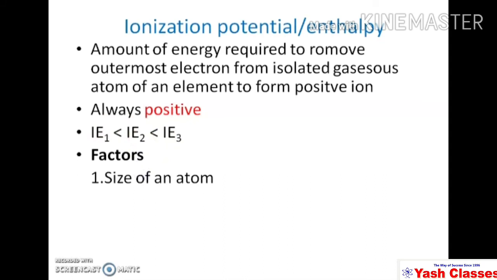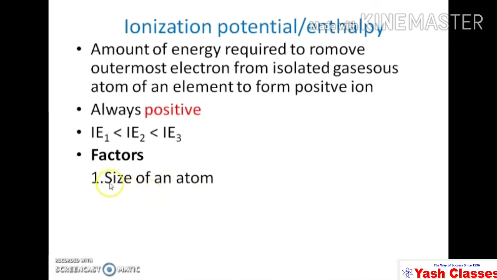Then one important factor affecting the ionization potential is the size of an atom. Ionization enthalpy depends upon size, and the greater the size, the lesser is the ionization enthalpy or ionization potential. From top to bottom, atomic size increases, and therefore ionization potential or ionization enthalpy decreases from top to bottom.